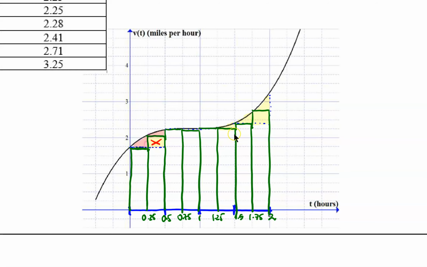Notice that from 1.5 to 1.75, we're not gaining a whole lot more accuracy. We're still going to have some of this error occurring. However, when we get to this last interval, 1.75 to 2, our error is only going to be this much, and we're going to eliminate that component of error. So the error being made is much, much less compared to when we had only 4 intervals and 4 rectangles. I hope you find this helpful.